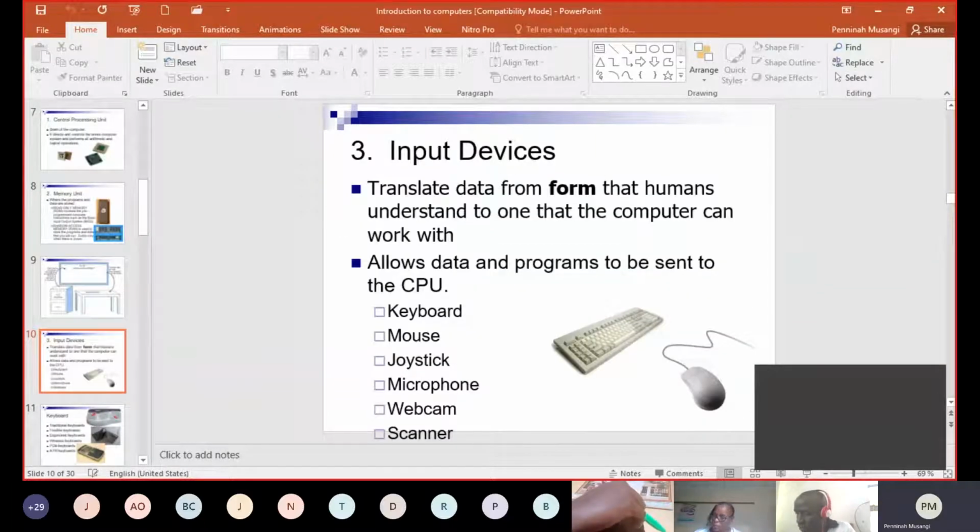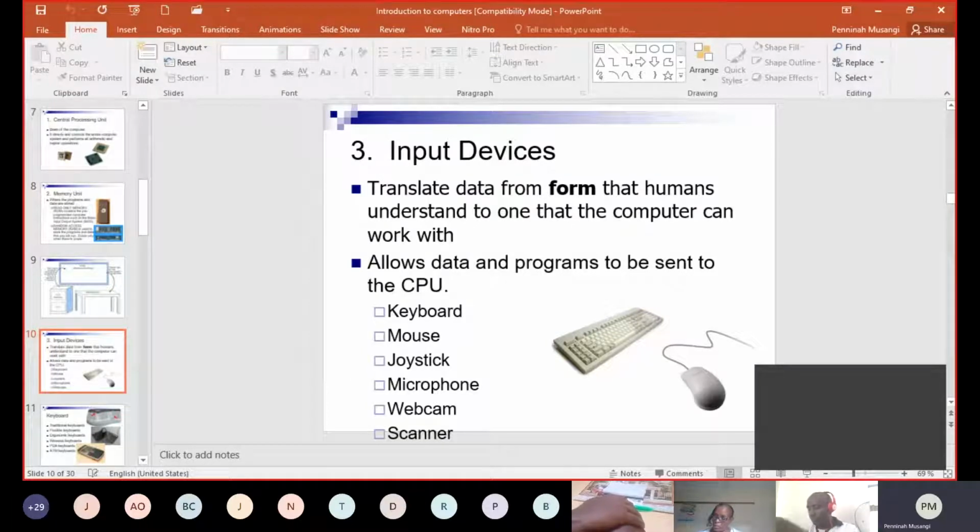Now, the other part is the input devices, and the input devices translate data from what human beings understand to what a computer can work with. So, I want to click. I understand to click, but a computer will understand something else.